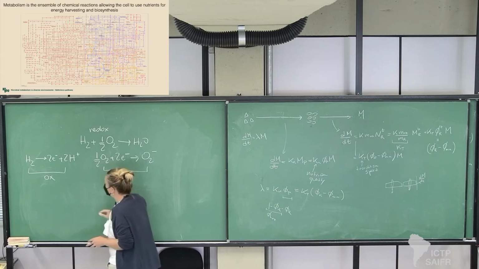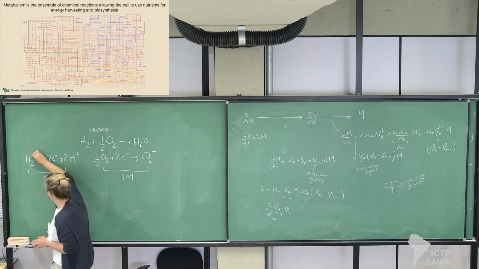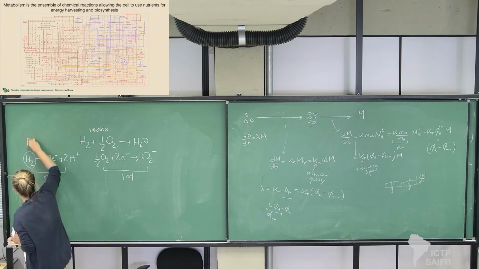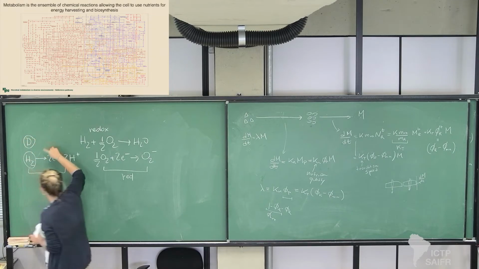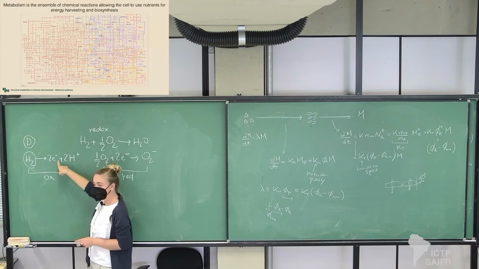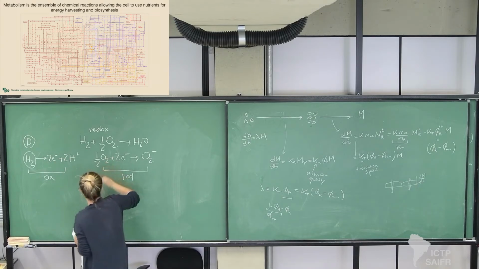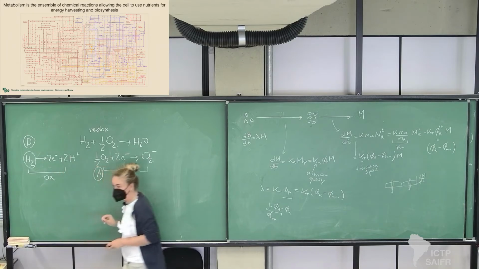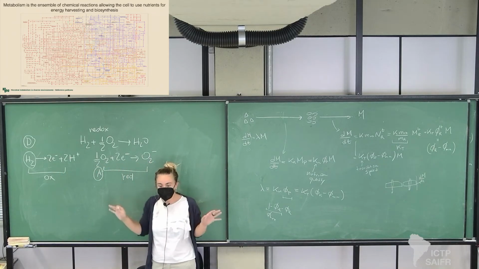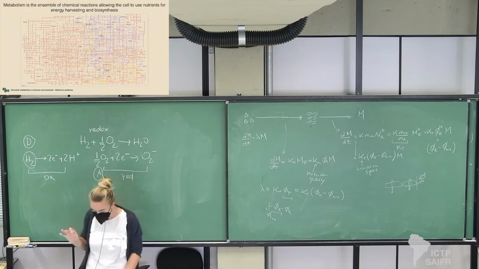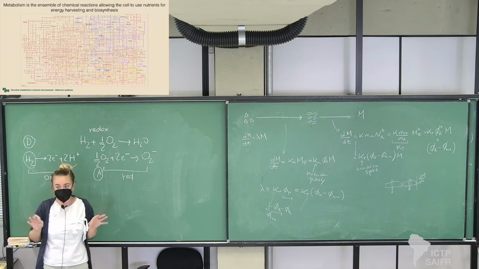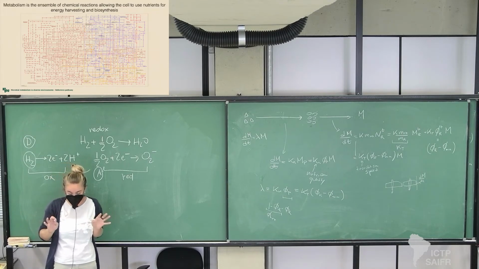And the way we call them, this is basically the most oxidized, and this is an electron donor that is donating electrons, while oxygen is actually an electron acceptor. And the majority of the reactions that occur inside the cell and in metabolism are redox.